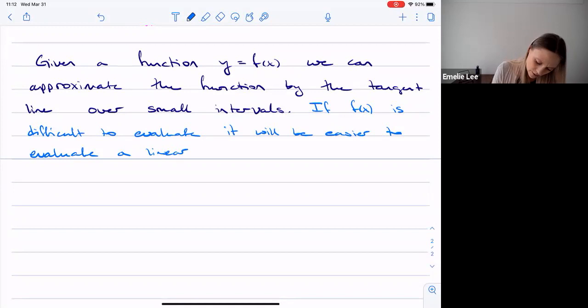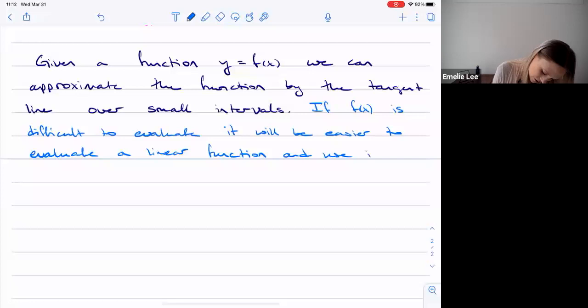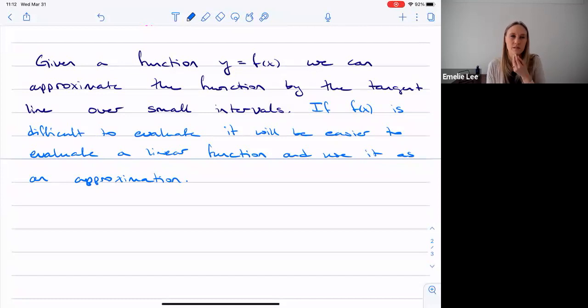So it'll be easier to evaluate a linear function and use it as an approximation. That's the best I could come up with. There are probably better explanations, I couldn't find any. So the whole idea is we're going to use the equation of the tangent line to approximate a function at values close to some point a.